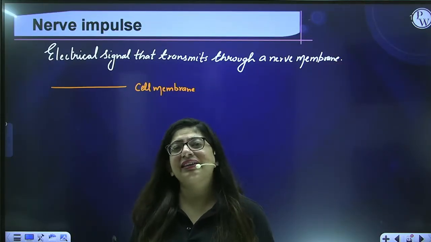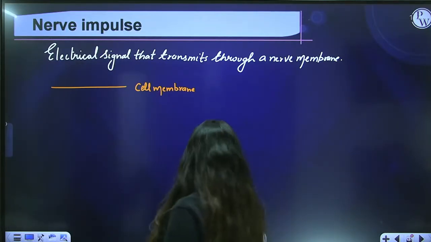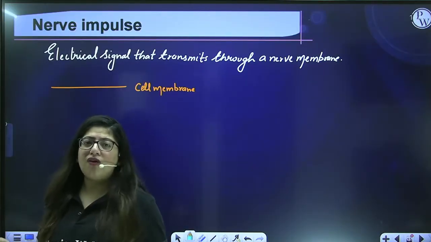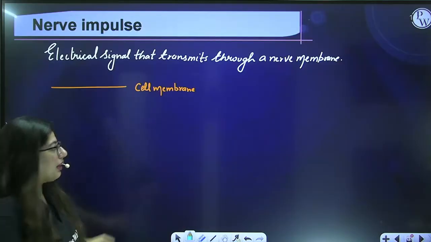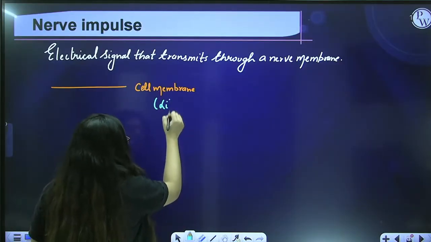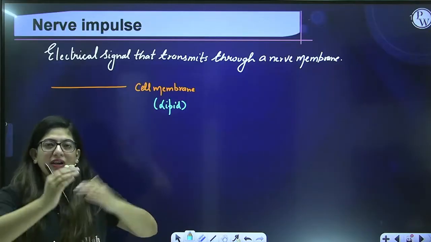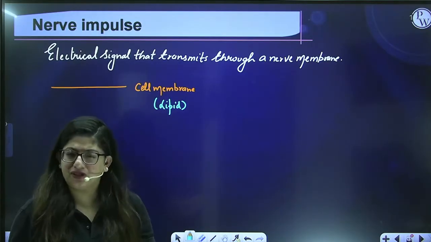Now, what is the thing that leads to the change in charge? That is the ions. So the cell membrane leads the flow of ions. For the flow of ions, we need a passage, because the cell membrane is made up of lipid. If ions move across the membrane, charge develops, and that leads to the formation of an electrical signal.